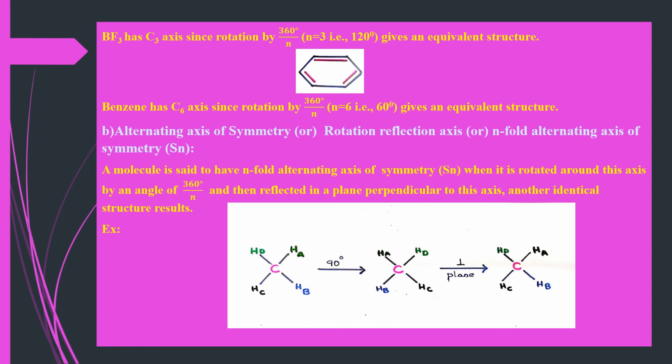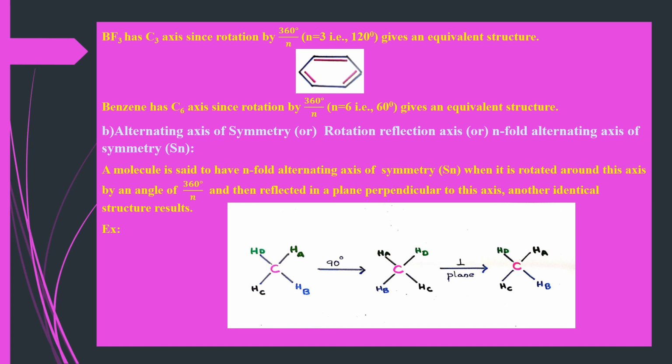So reflection in a plane perpendicular to the imaginary line is not there in simple axis of symmetry, but here it appears to be identical only when it is reflected in a plane perpendicular to the imaginary axis, students. Then we say that it has alternating axis of symmetry, that is Sn.